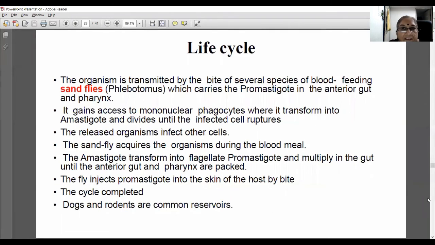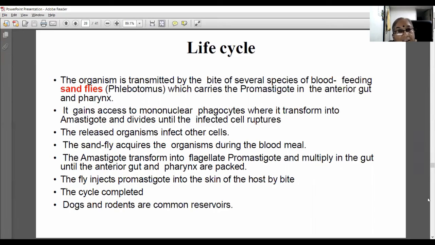So coming to the life cycle. The organism is transmitted by the bite of several species of blood-feeding sandflies, that is, phlebotomine sandflies, which carry promastigotes in the anterior gut and pharynx.